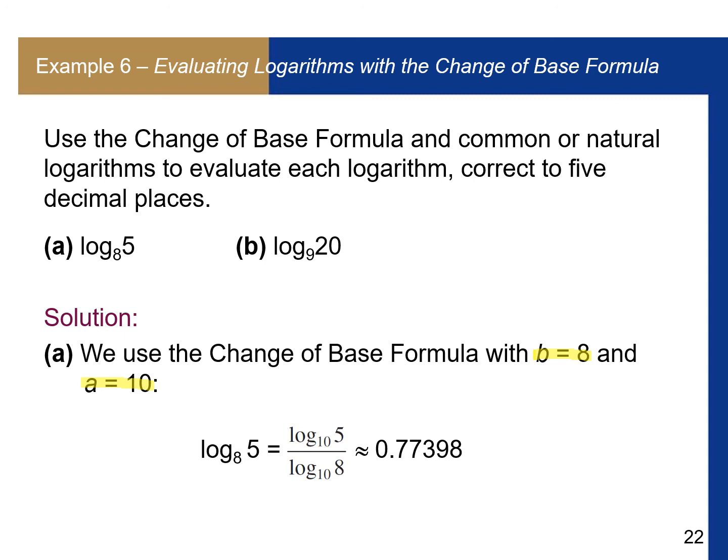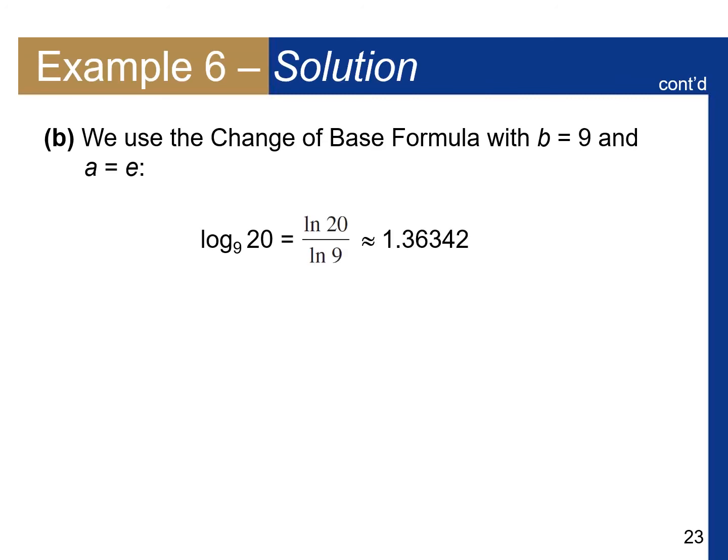So we have the log base 10 of 5 over the log base 10 of 8. And again, we're changing this to a common log, and that way we can put it in our calculator. And we can use the change of base formula with b equal to 9 and a equal to e for the natural log. So we'll have the natural log of 20 divided by the natural log of 9.